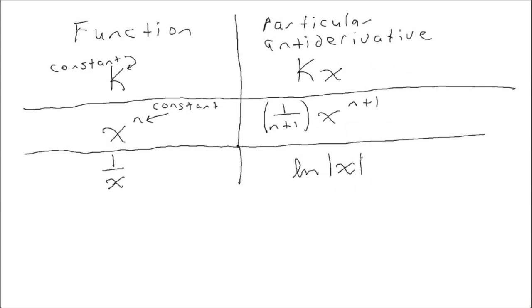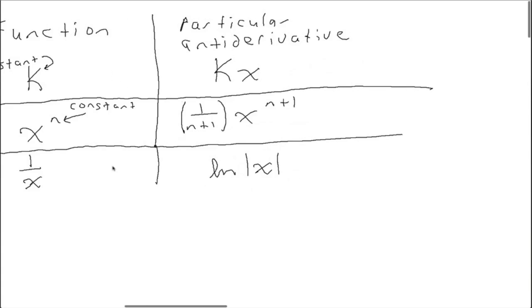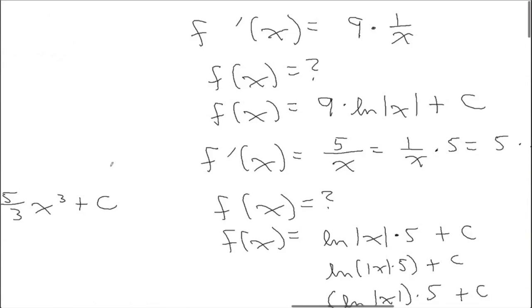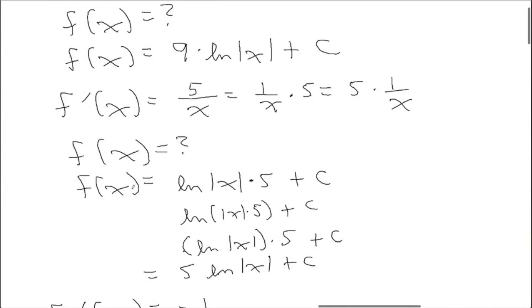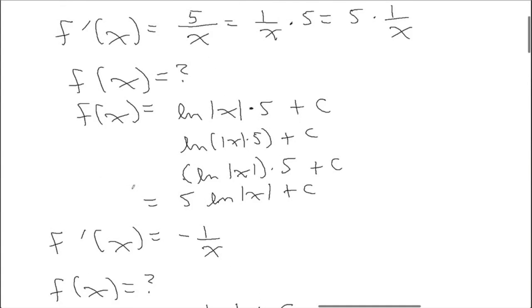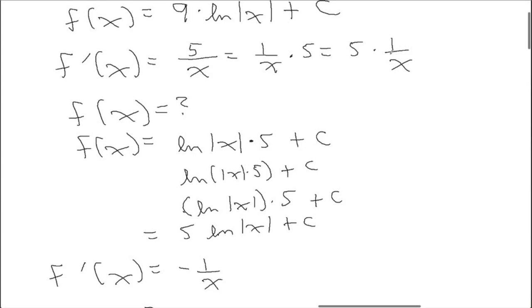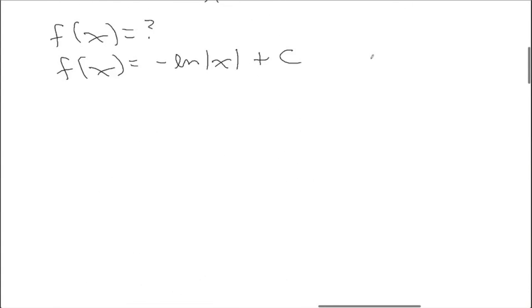It's good that you remember those absolute value signs. We're not writing in the plus c because the table is just doing one particular antiderivative. Now notice in the table I only wrote 1 over x. But we can also handle things like 5 over x by just rewriting it like this. So knowing how to deal with 1 over x also helps you to deal with a lot of related things that you can re-express as a 1 over x.